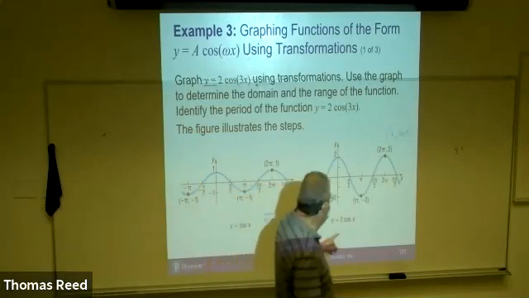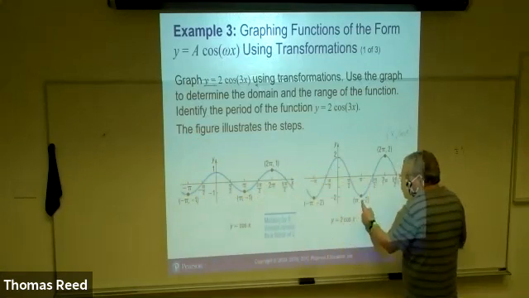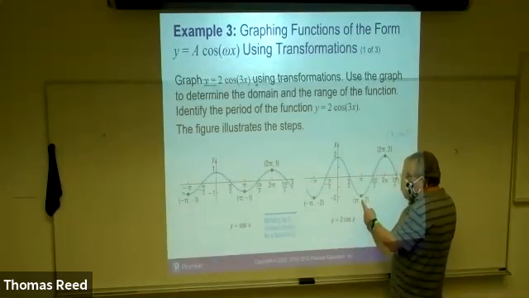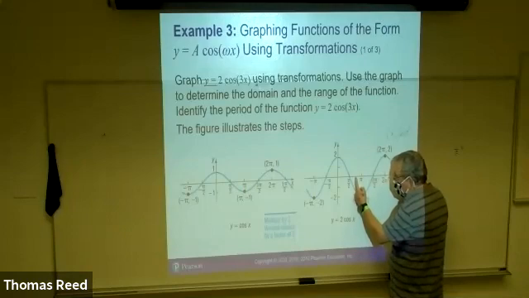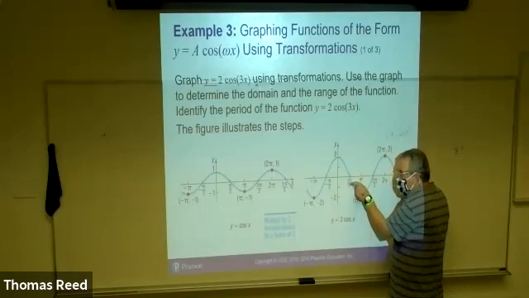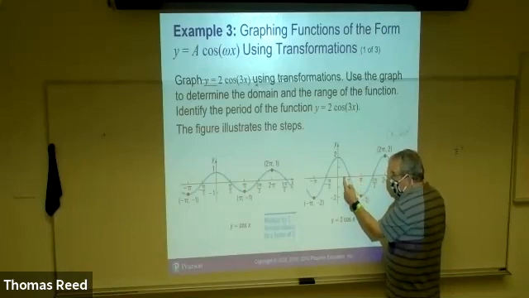So instead of the low point being at pi, it's going to be at 1/3 pi, which is here. So this gets moved back to here. And 1/3 of this is pi over 6. So that got moved back to here.